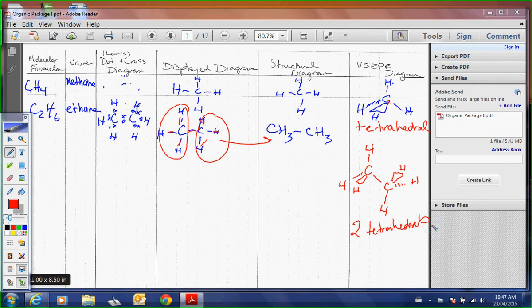Two tetrahedrals. So if this first one was nonpolar, then two of them stuck together are still going to be nonpolar. And something that you should have teased out in Chem 20 was actually every hydrocarbon, carbons and hydrogens only, is nonpolar.